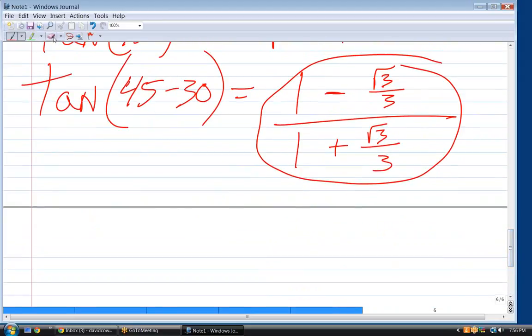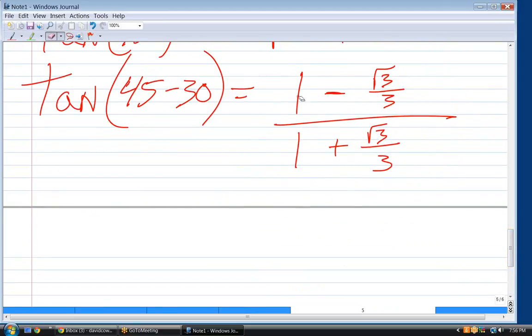How do I simplify that ratio? We need to find a common denominator in both cases. So let's take this numerator. What is 1 minus √3/3 going to be?